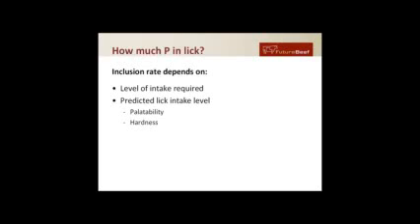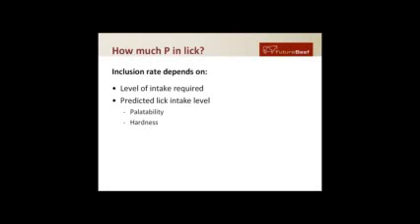So if the lick that we're providing the animals is very palatable, then we can get away with including a much lower level of phosphorus, because the animal is going to be eating more supplement. And the last thing we want to do is to be wasting phosphorus, because it's the dearest ingredient that we put into our licks. If we're looking at feeding blocks, for example, phosphorus blocks are often manufactured for wet season feeding because they're weatherproof.